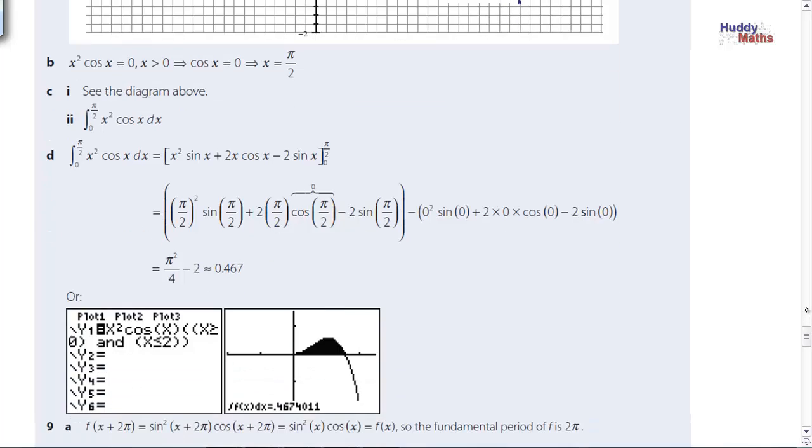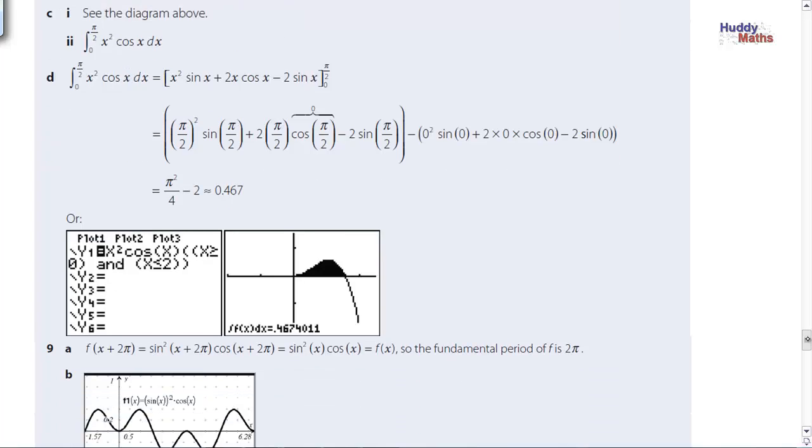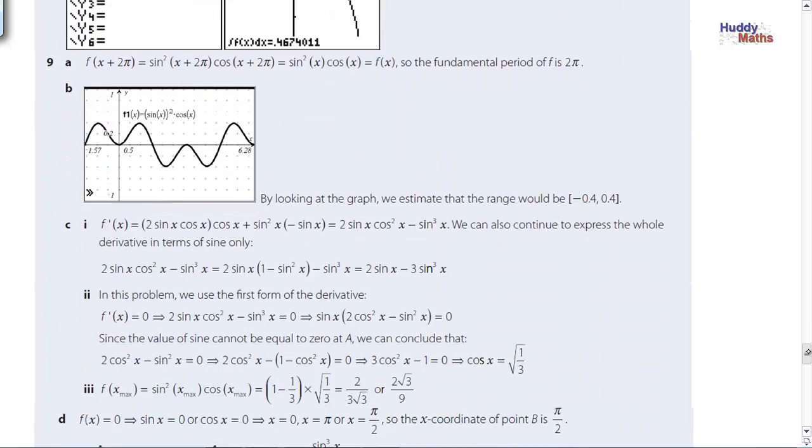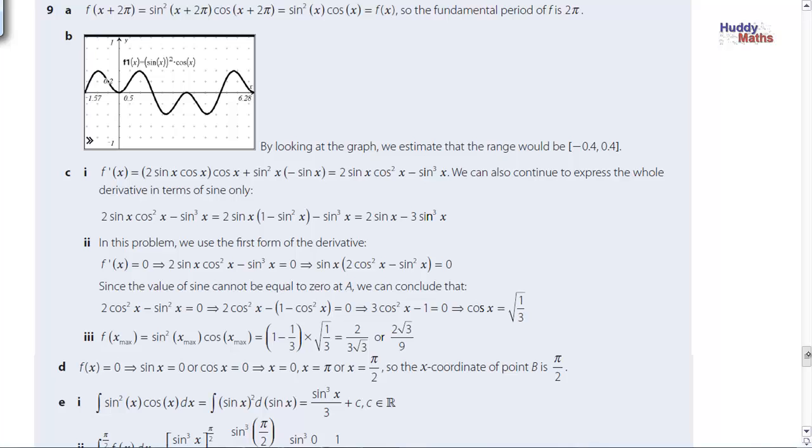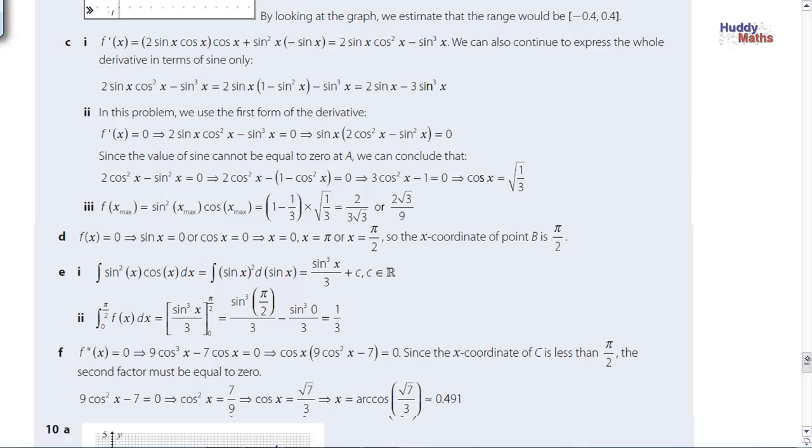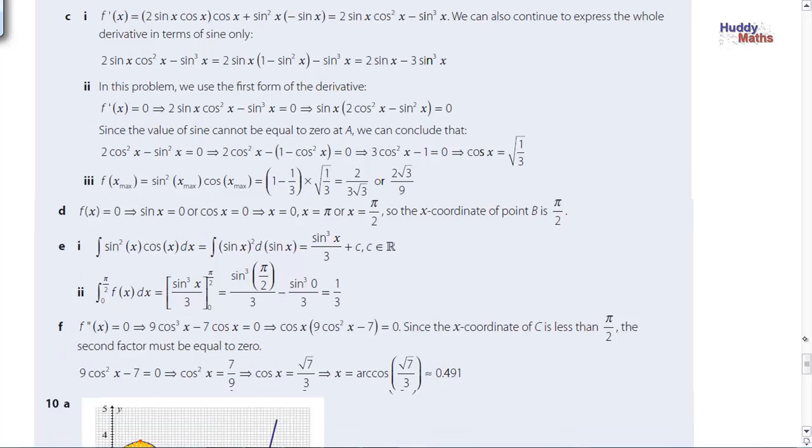Here we have it. Question 9. Can't quite get it all on there. Rest of question 9.